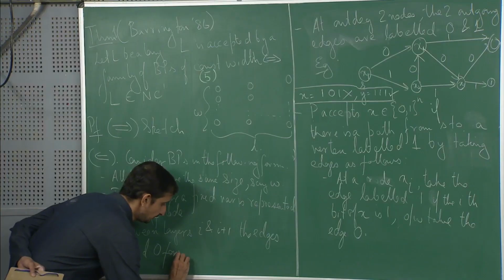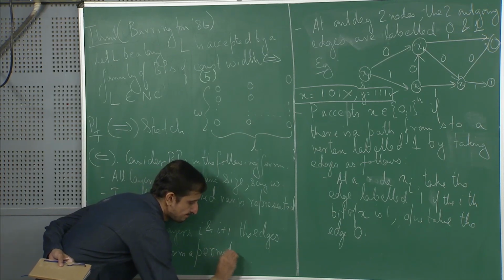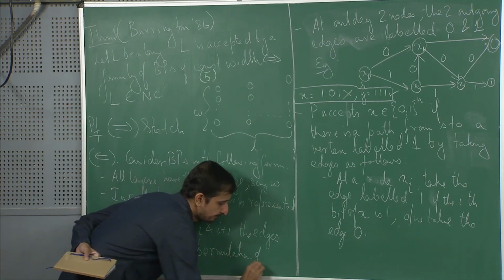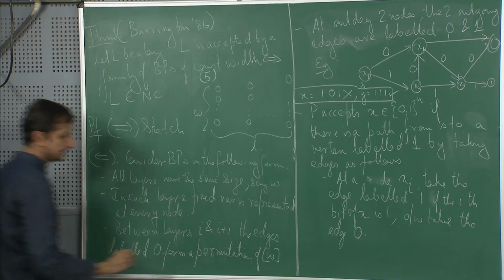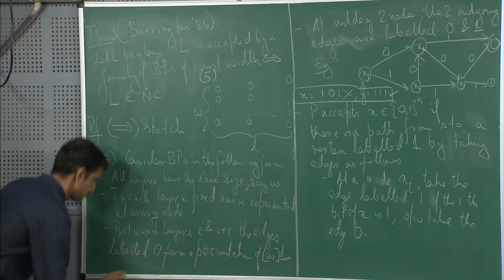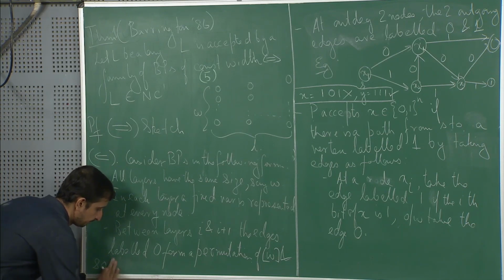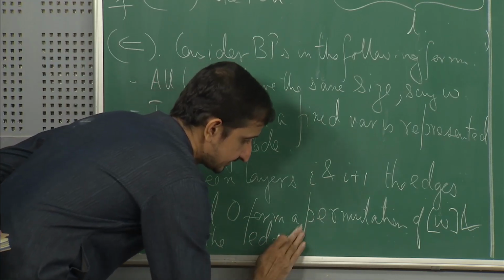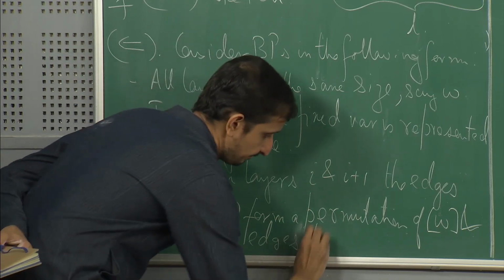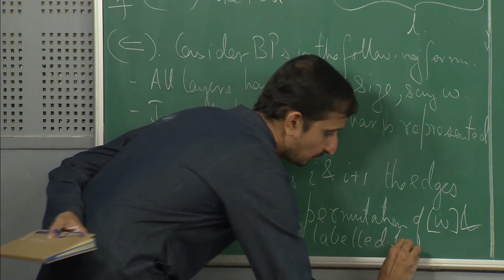So edges labeled 0 form a permutation of W, and so do the edges labeled 1.